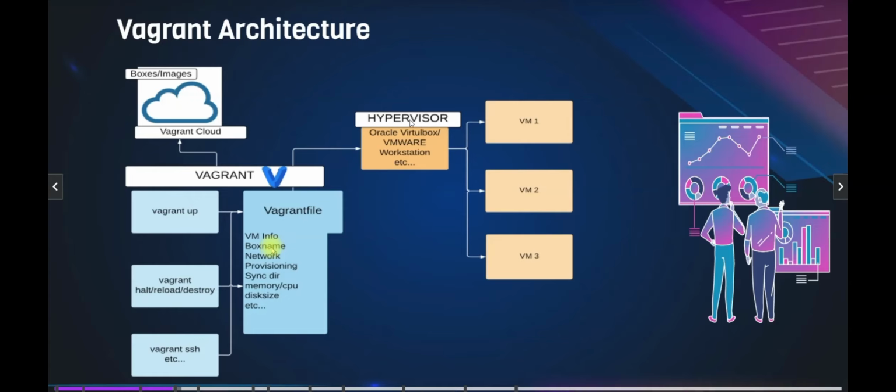Then the hypervisor creates VM1, VM2, VM3, just like that. This automation is very simple, takes less time, and is free from human error.